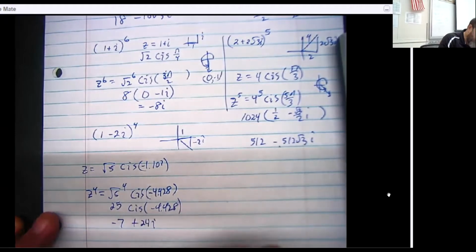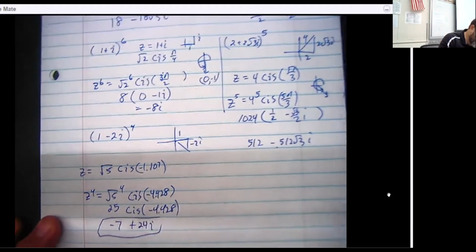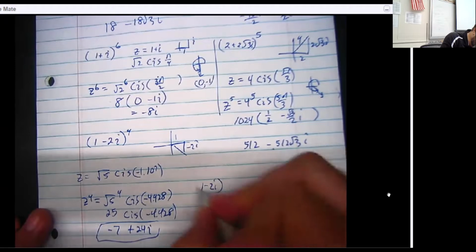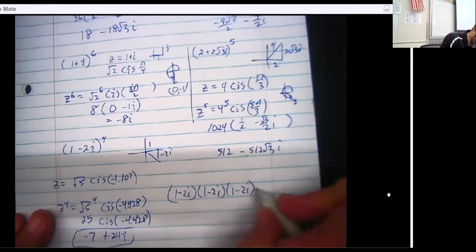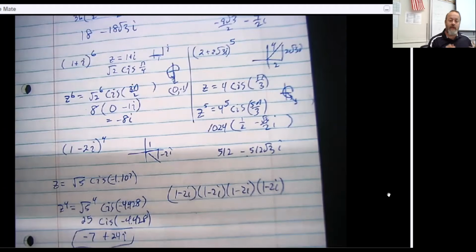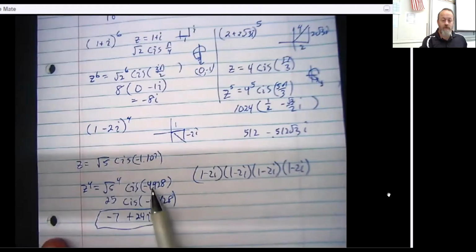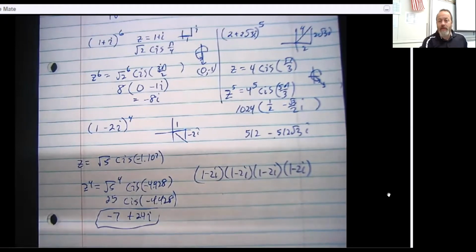And the reason it kind of makes sense that that's all nice numbers is if you took 1 minus 2i times 1 minus 2i, you'll notice that there's not a decimal or a fraction to be found in that product. All of these things are going to be nice whole number values. So the crazy thing is you get this horrible looking irrational number, but the mathematics just works and brings it around all the way to square one.